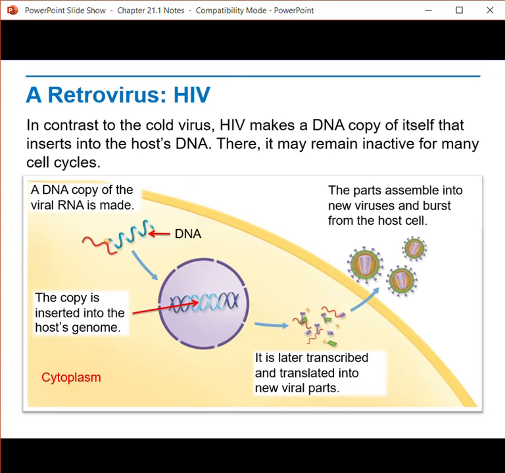So, in an infected cell with the common cold virus, RNA is not copied to make DNA. Instead, the viral RNA is translated, or you can look at it as decoded, by the cell's ribosomes to produce viral proteins. So it does not go backwards, therefore it cannot be called a retrovirus.